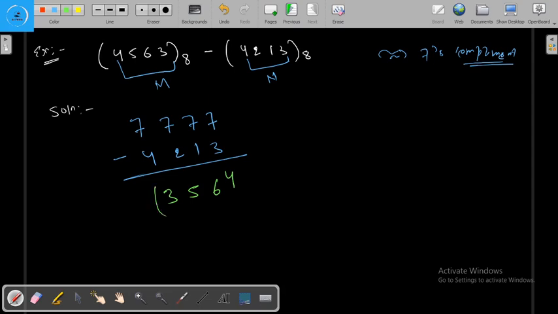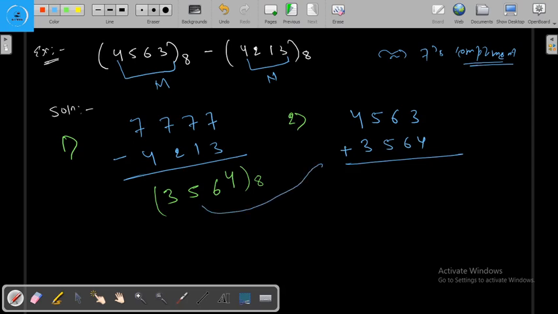This we are going to get in the octal. This is our first step. What will be our second step? Simply write this 4 5 6 3 and add this 3 5 6 4.